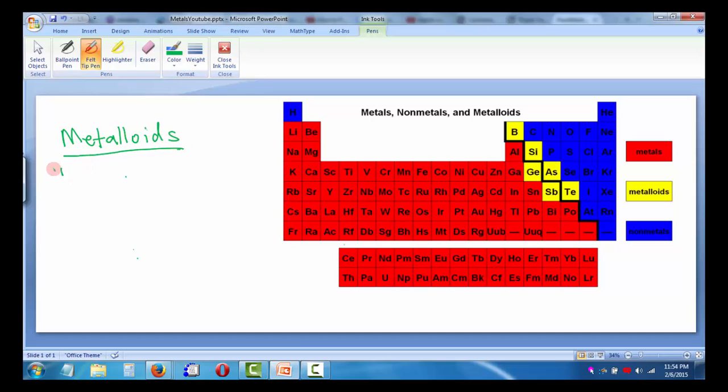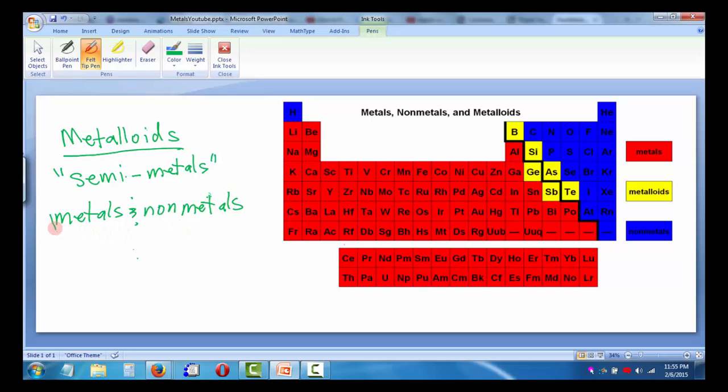And sometimes these are tagged as semimetals. I don't think it's written that way in your textbook, but sometimes they're given this distinction because they have properties of metals and non-metals. Okay?